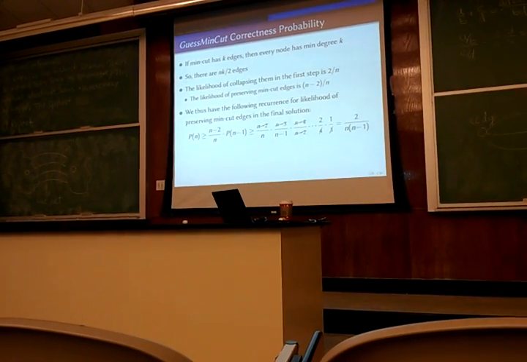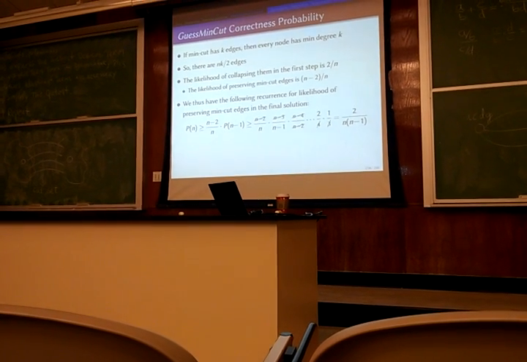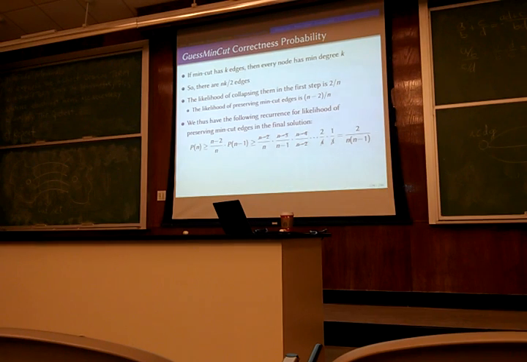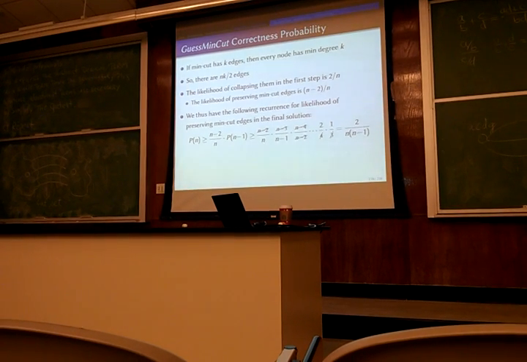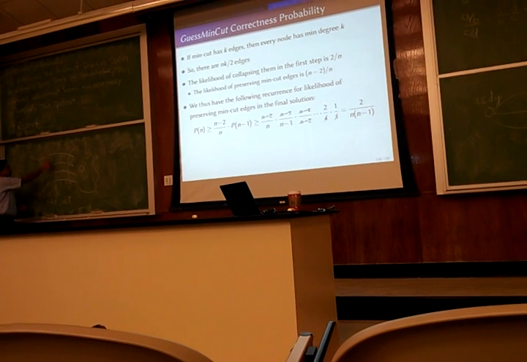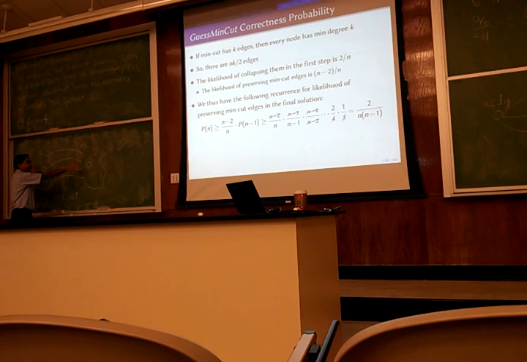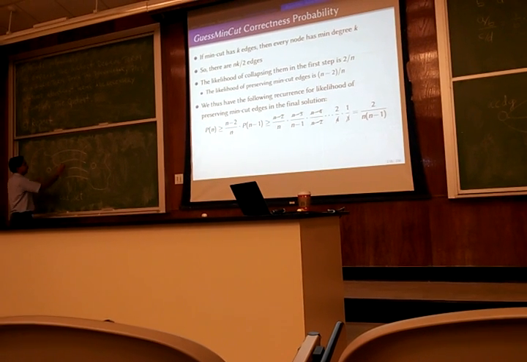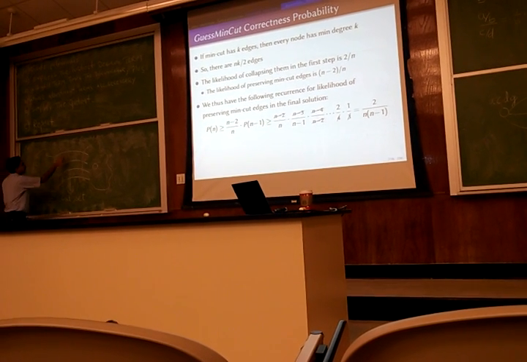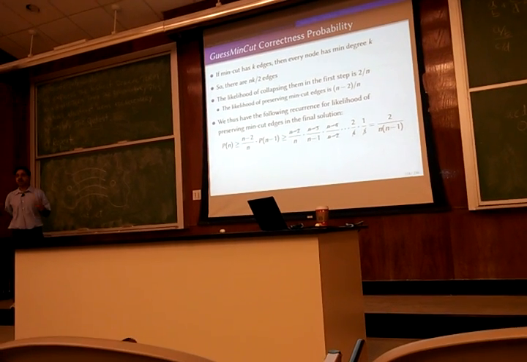But as you pick edges and collapse, the number of edges becomes smaller and smaller. As long as you haven't picked any of the min-cut edges, the number of those edges doesn't decrease, but the graph decreases in size. So as you keep doing this, you end up in a situation where the probability that you pick one of these edges to collapse becomes high.